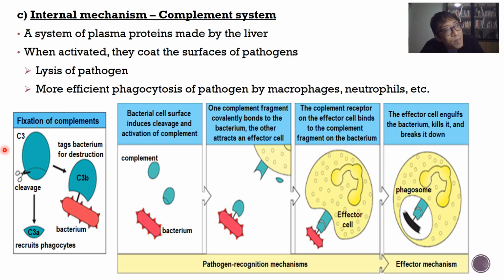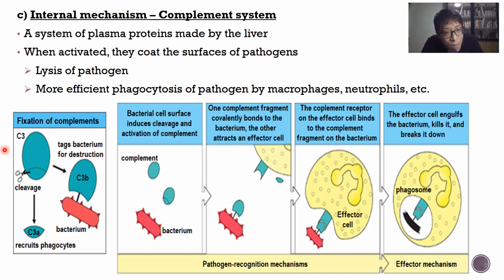These are just proteins made by the liver, and they can bind to surfaces of pathogens, which will result in the lysis of the pathogen, if it's a bacterium especially, or to facilitate phagocytosis.